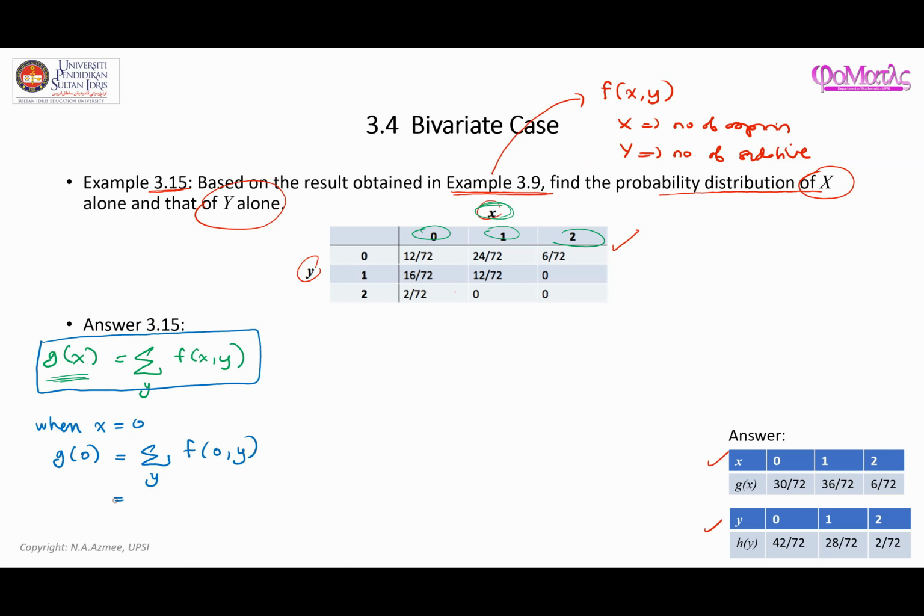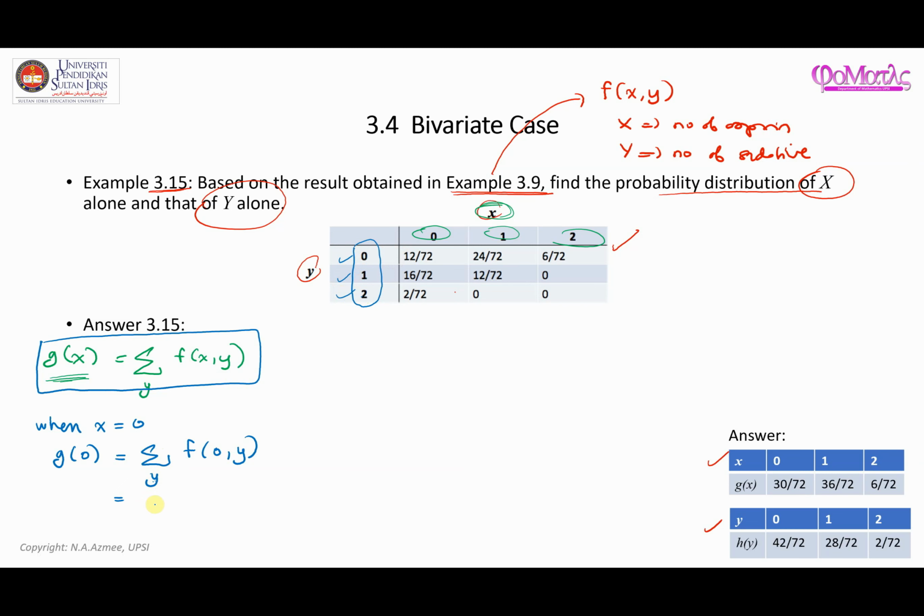Then we're going to keep on changing the value of y accordingly, and you can see that y has values such as 0, 1, and 2. So we're going to take turns changing the value of y according to this notation right here.